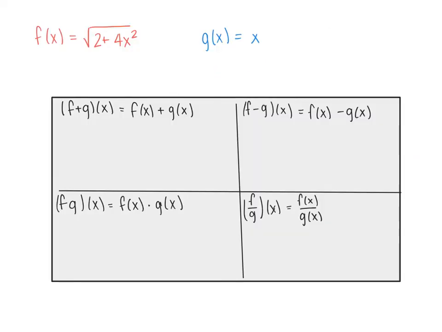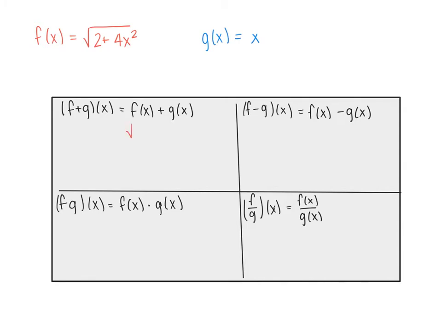Alright, so here are my two functions. f(x) equals the square root of 2 plus 4x squared, and g(x) equals x. So the first thing I'm going to do is addition. (f + g)(x). You'll see I wrote the definition. It's f(x) plus g(x). So every time I see an f(x), I'm going to write it in red. Every time I see a g(x), I'm going to write it in blue.